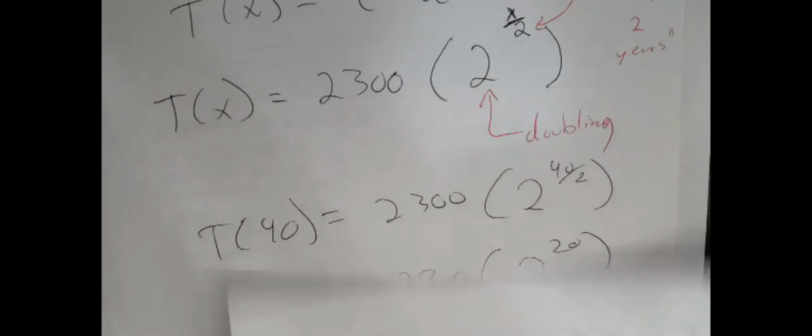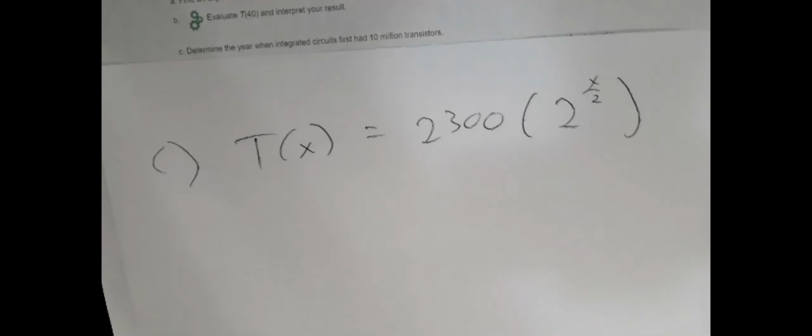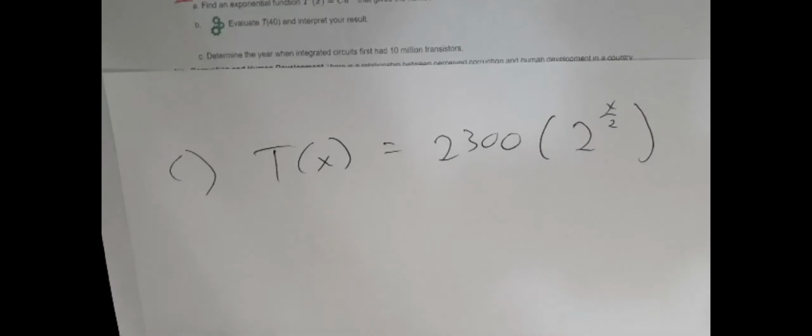All right, so this is part C. We did part B. Part C says: determine the year when integrated circuits first had 10 million transistors. So what do we want to do?